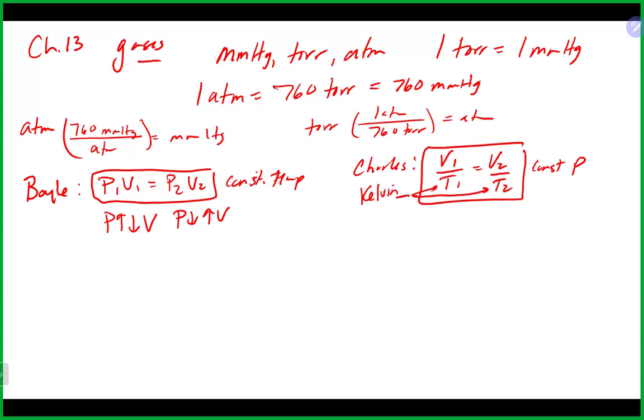So that should be sort of automatic for you. As soon as you're doing any type of gas law problem and you've got temperature, you should always convert it to Kelvin. A reminder that even if the problem gives it to you in Celsius and they want the answer in Celsius, it does need to go into Kelvin and into the gas law, and then you have to convert it afterwards. So just keep that in mind.